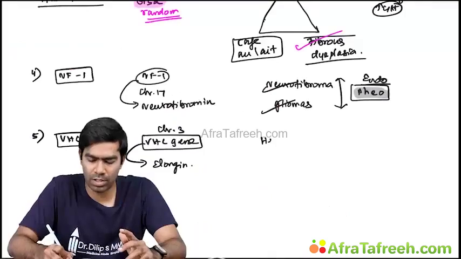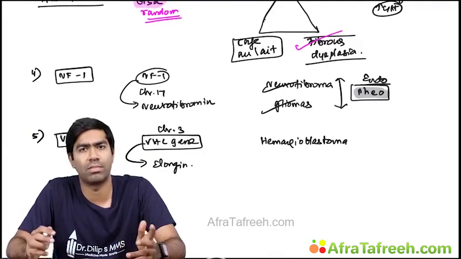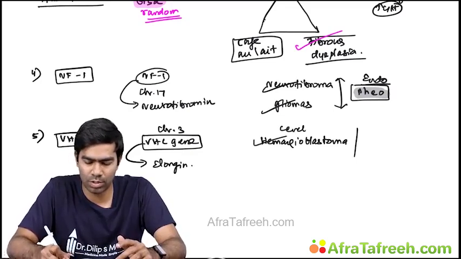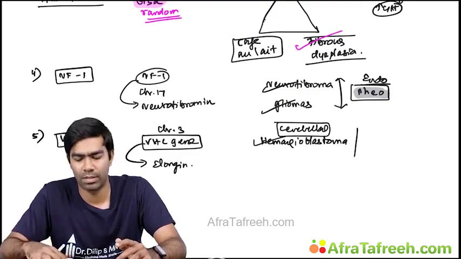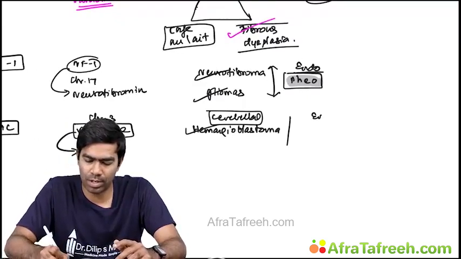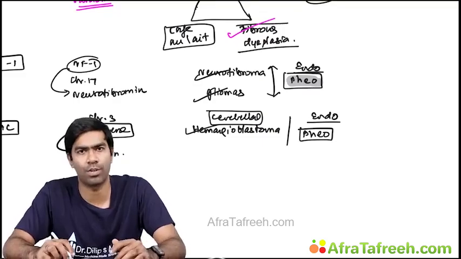In that, one of the important tumors is the cerebellar hemangioblastoma. They can even have polycythemia also. But this cerebellar hemangioblastoma is going to be the most important tumor in von Hippel-Lindau syndrome. At the same time, they have one important endocrine tumor also, that is again a pheochromocytoma. Pheochromocytoma is a very, very important endocrine tumor here.